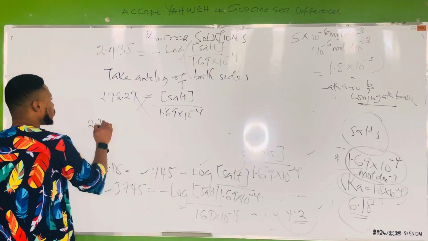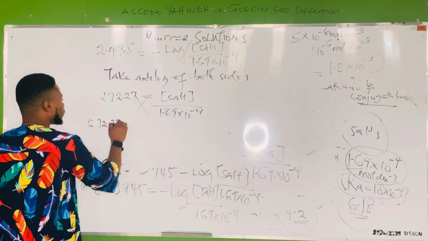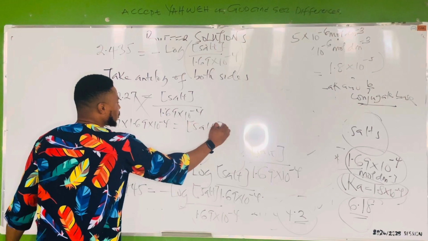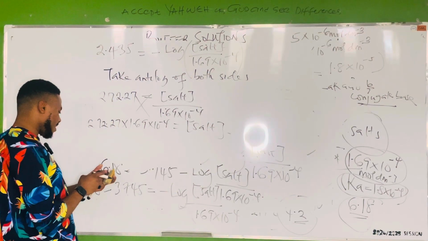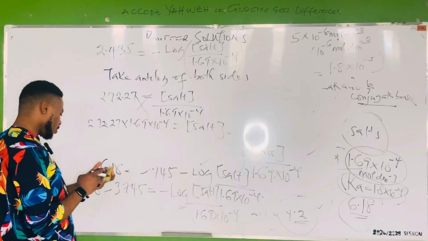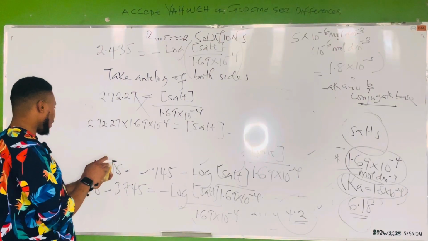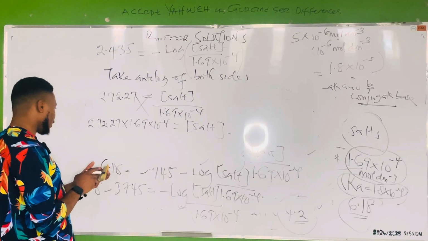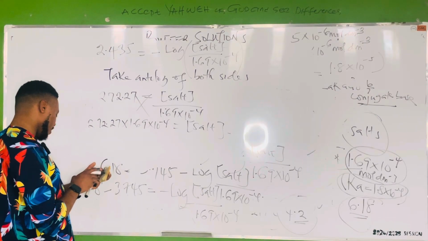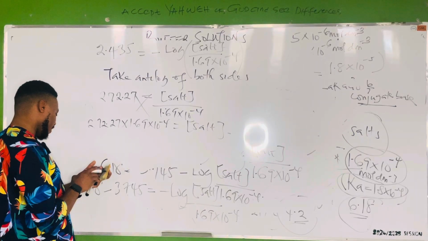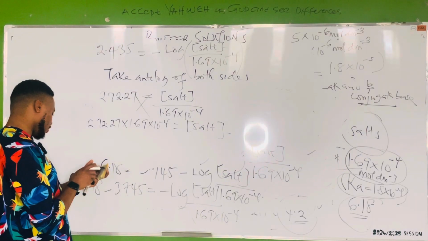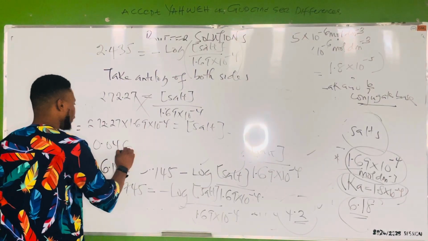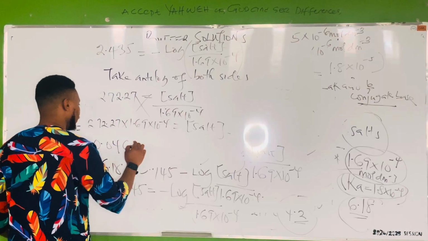So we have 272.27 times 1.69 times 10 raised to power minus 4 equal to the concentration of the salt. So now we'll multiply that. We had 272.27, and when we multiply it by 1.69 times 10 raised to power minus 4, this will now give us 0.046.